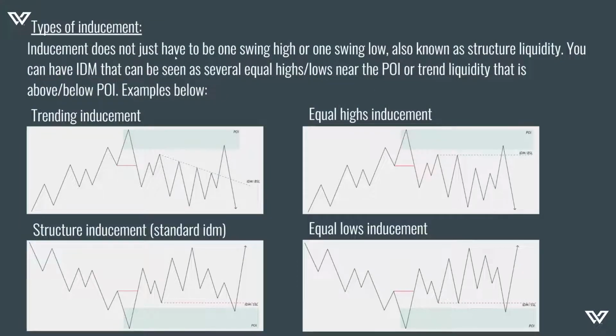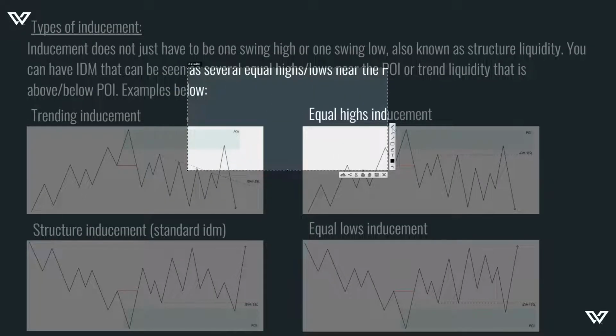We can also have it as continuation order blocks. So like we've spoken of before, say the break of structure here and an order block down here, price comes and front runs this order block in continuation, that can still be inducement. It doesn't just have to be the standard reversal PA.